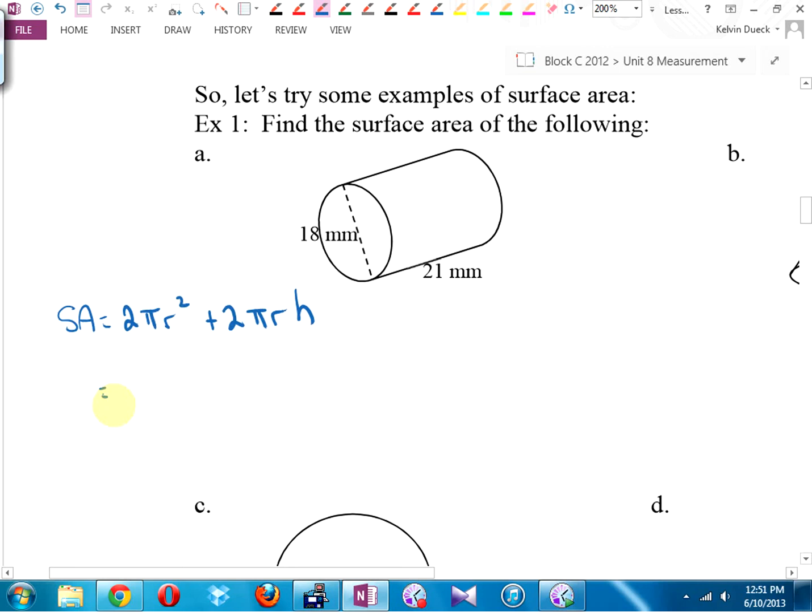Let's see if we have all the data we need. Sometimes we need to calculate some stuff, Amy, but let's see. 2 times pi. What's r? Careful. 9 plus 2 times pi times 9. What's h? 21.